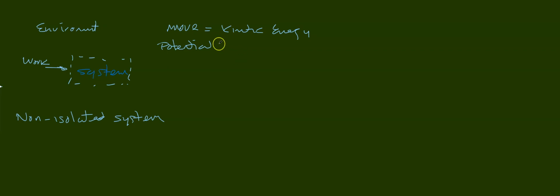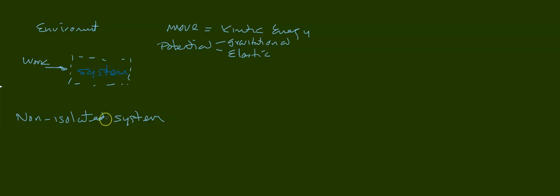And if that's the case, then you can have gravitational potential energy, you can have elastic energy. This is when you're dealing with a gravitational system, or here when you have ideal spring forces inside.